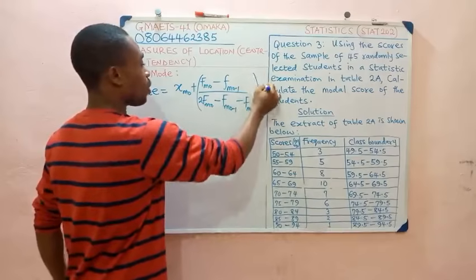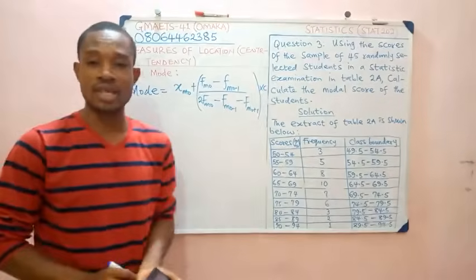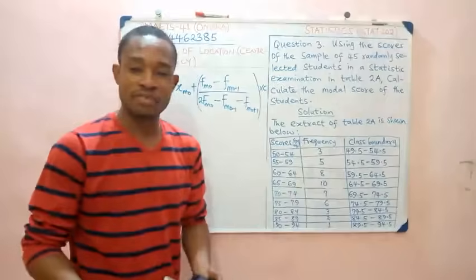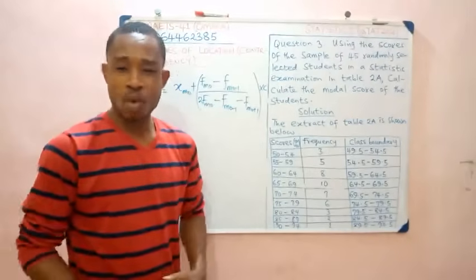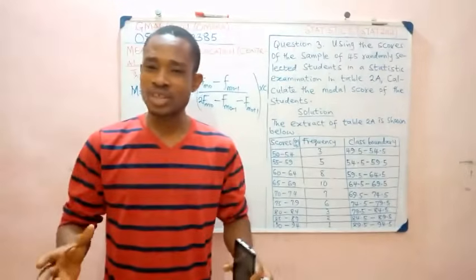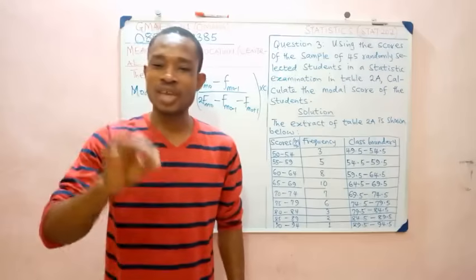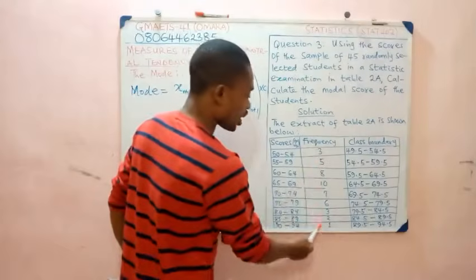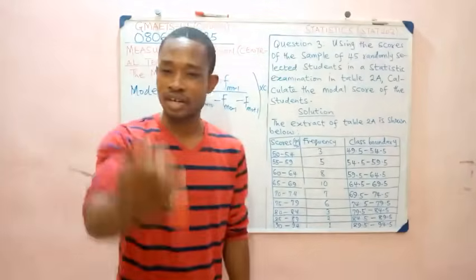So we're going to multiply all of these by what? The class width C. Now we would go to this table and quickly identify our modal class. And what is the modal class? You would recall it was stated that it is that class with the highest frequency. So we would locate the frequency column and check what is the highest frequency there. Can you tell me?